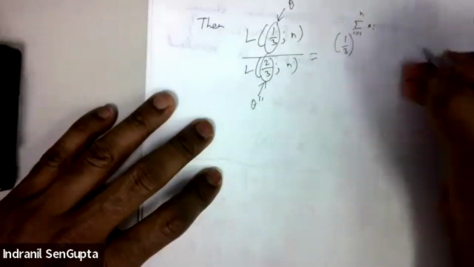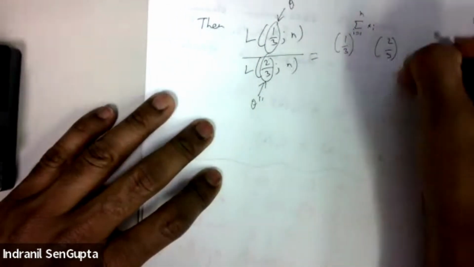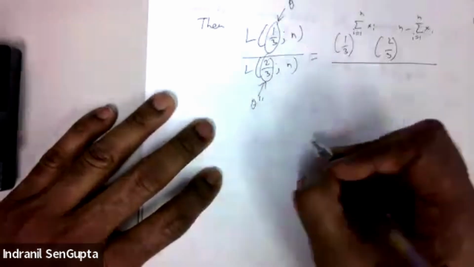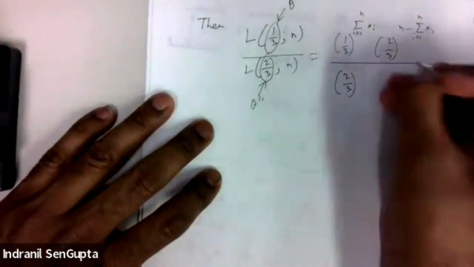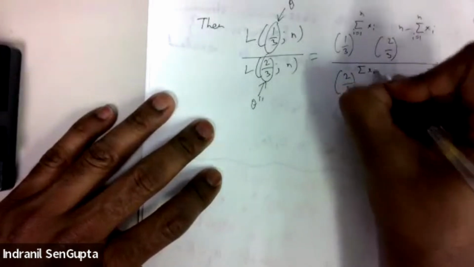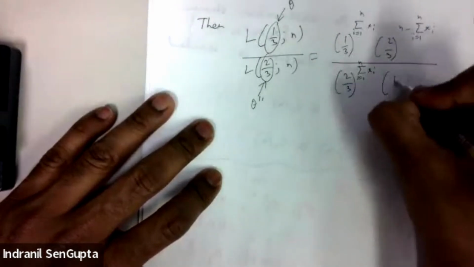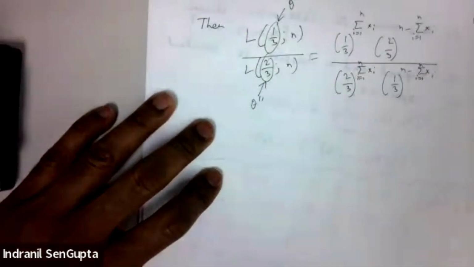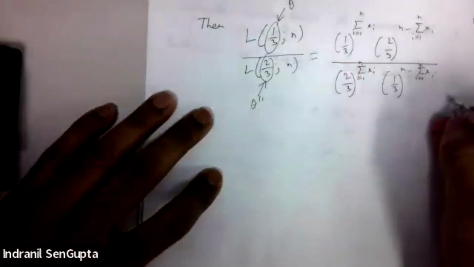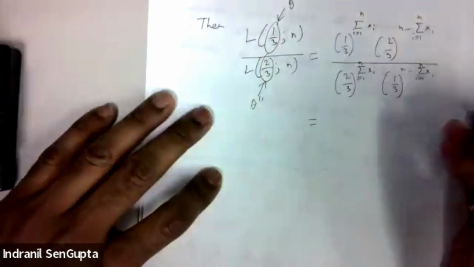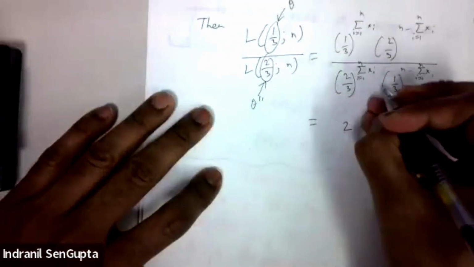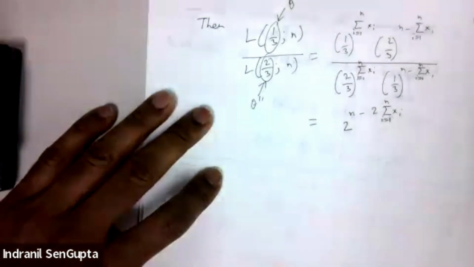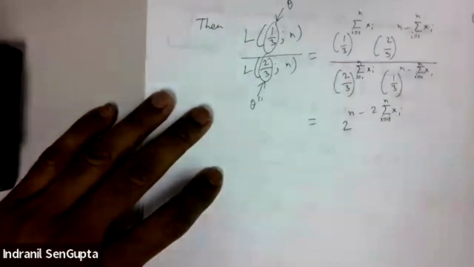And then we have 1 minus 1/3, that is 2/3 to the power n minus i from 1 to n xi. So that's the numerator. And the denominator is 2/3 summation xi, i from 1 to n, and then 1/3 n minus summation i from 1 to n xi. Okay. If you simplify this, it'll be, let's see, it's 2 to the n minus 2 summation i from 1 to n xi. Okay. So that's this ratio.